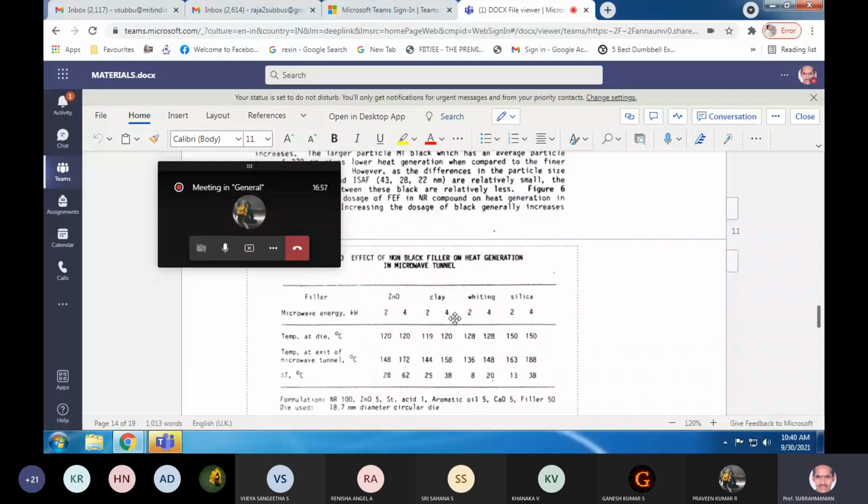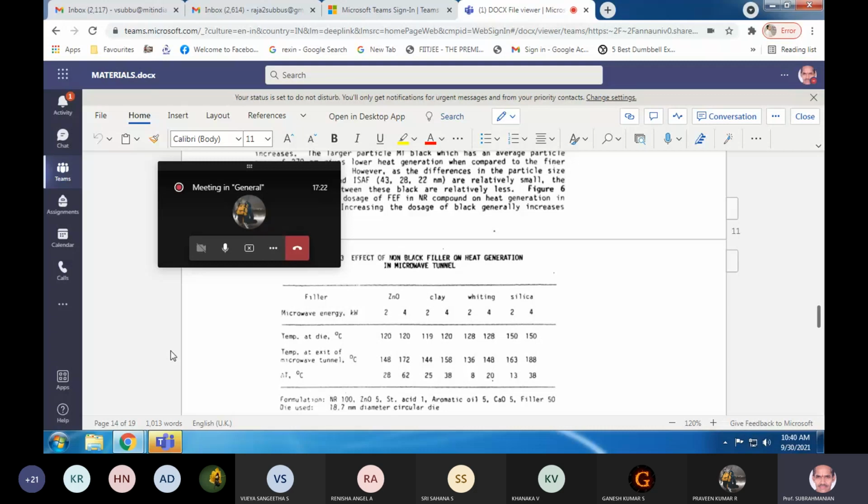And this table describes a non-black filler. Table 3 describes a non-black filler with the two different irradiation: zinc oxide, clay, whiting, and silica.